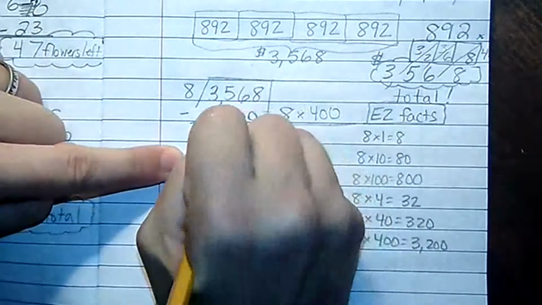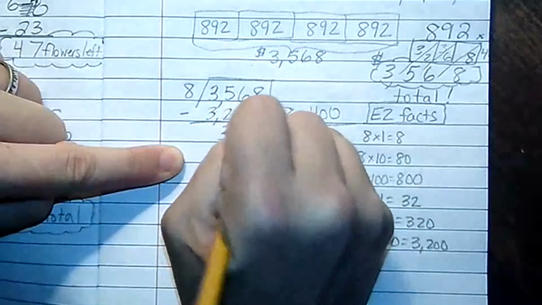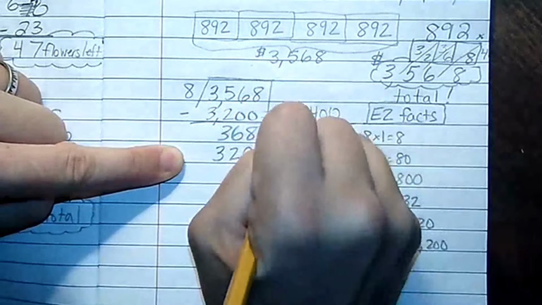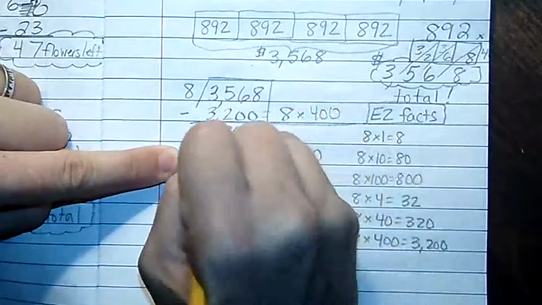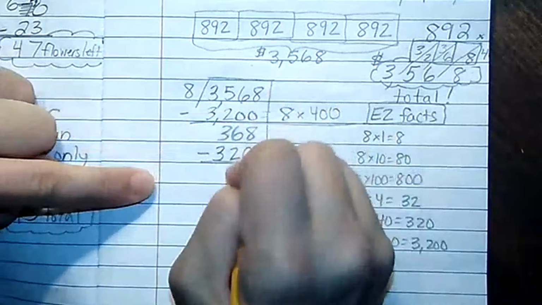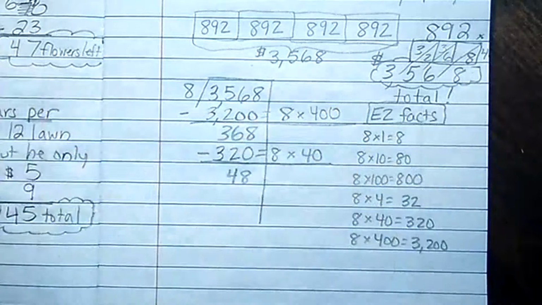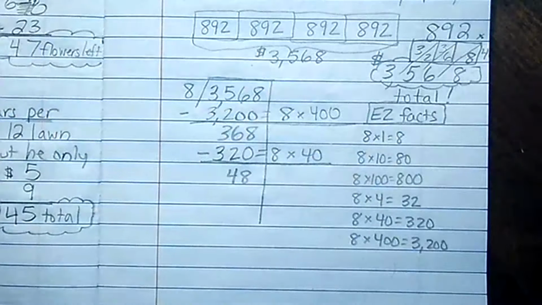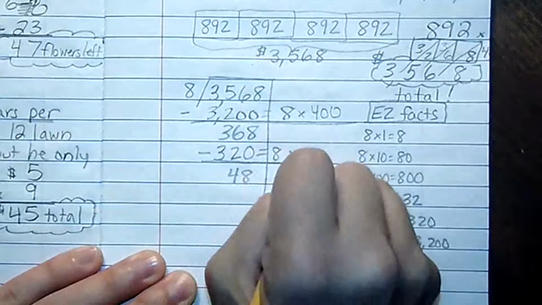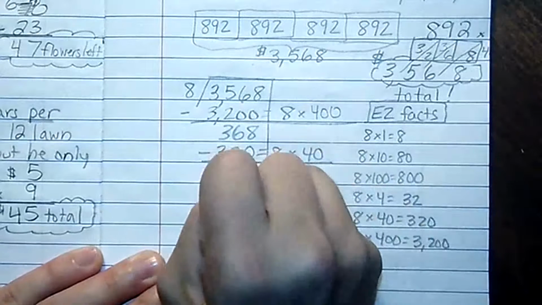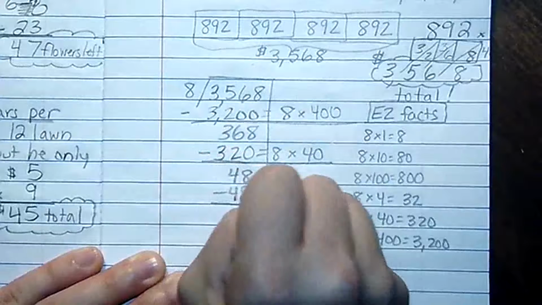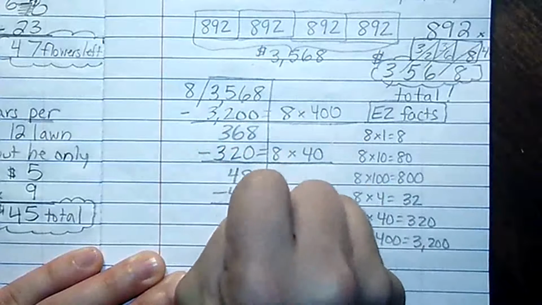That gets me kind of close. 320. And that equals 8 times 40. And now I subtract. Now I have 48 left. Does 8 times something equal 48? Yes. 8 times 6. I bet all of our multiplication masters already knew that. And 0 is my remainder.